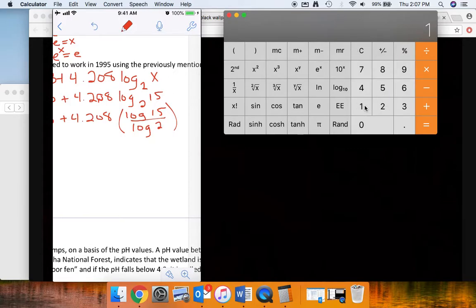So 15 log of that divided by parentheses 2 log of that equals 3.90 and so on, times 4.208, following PEMDAS.